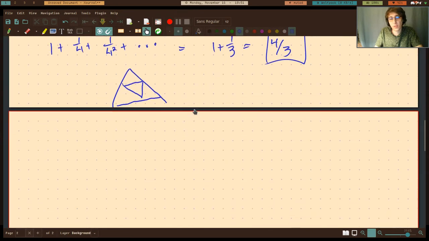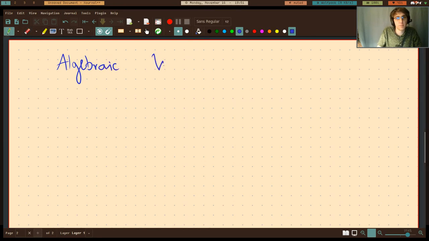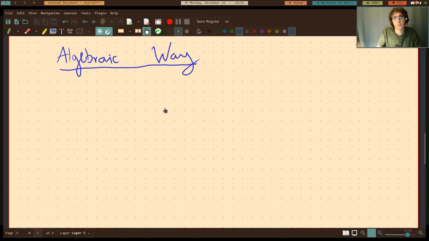But we're not going to be proving geometric series and infinite sums geometrically forever, so there is an algebraic way. And this is typically what you'll be seeing if you work with geometric series or infinite sums.